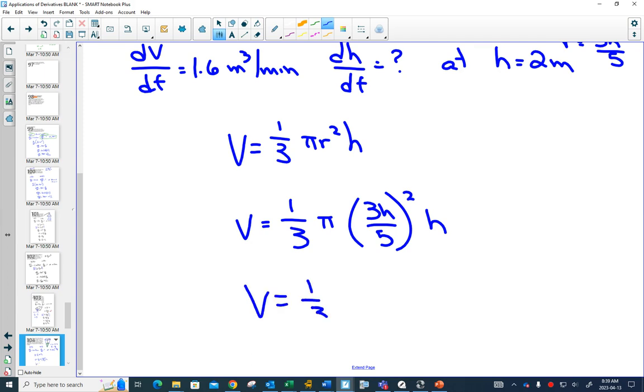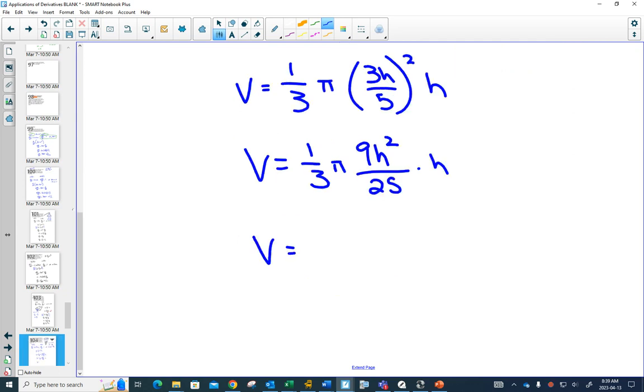We're going to have 1/3 times pi times 9h squared over 25 times h. And if we simplify this, we get 3 pi h cubed over 25.